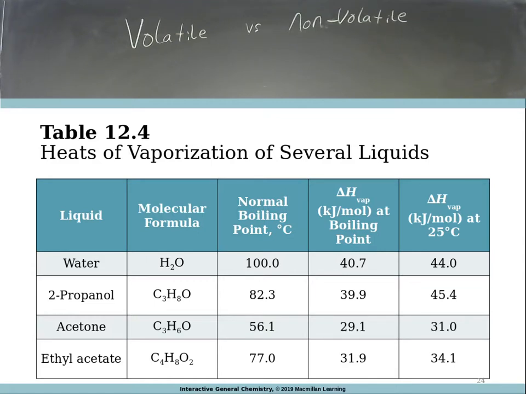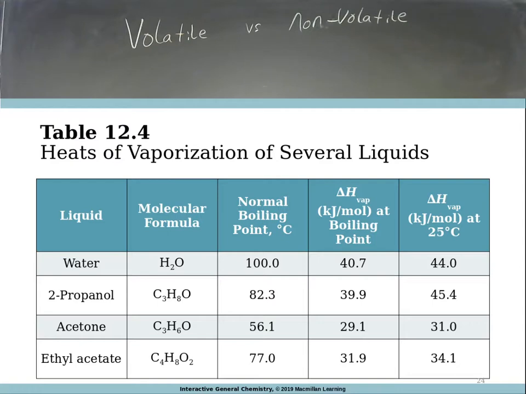But now these values are all representing different temperatures. And so it's also sometimes useful to give the enthalpy of vaporization at a standard temperature at 25 degrees Celsius. Now in reality, if you look at these numbers, the change in the enthalpy of vaporization is not terribly strong, and so it's less than a 10% change in most cases here.